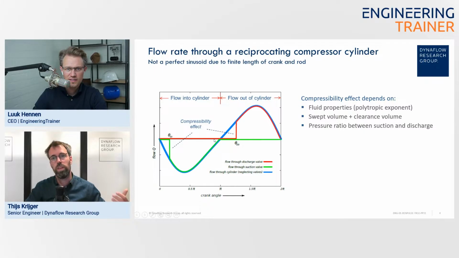Now, because we have these check valves, we get this compressibility effect, and there's going to be flow either through one side or the other side of the suction or the discharge side of the compressor. Yeah. So what happens is you start moving your piston. We're starting in this graph from, let's say, the furthest position. So we have compressed and we're moving back to expand the gas again. All right.